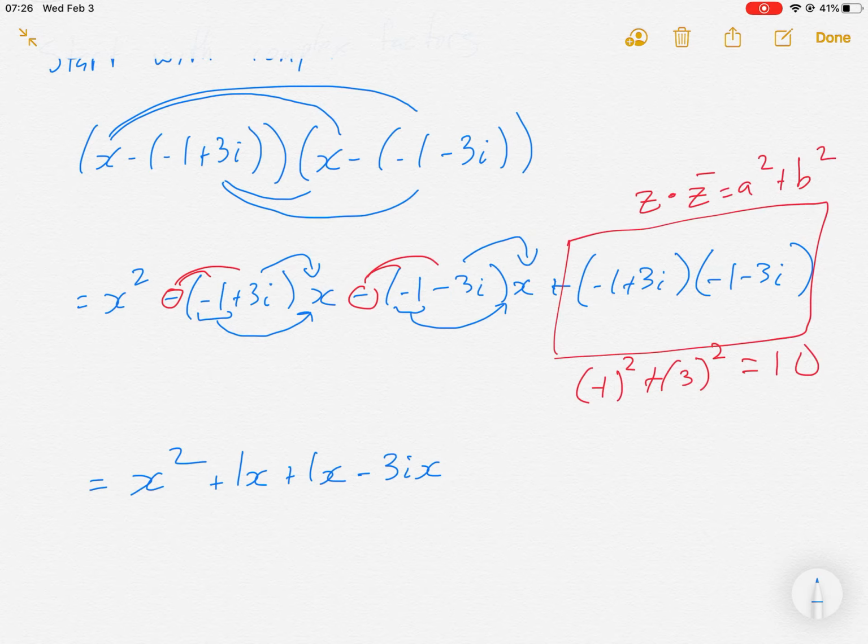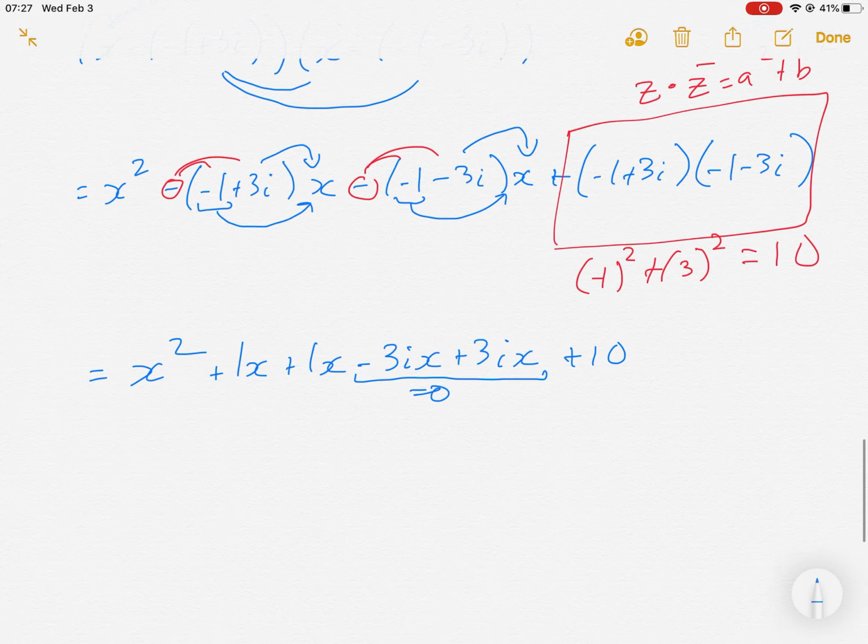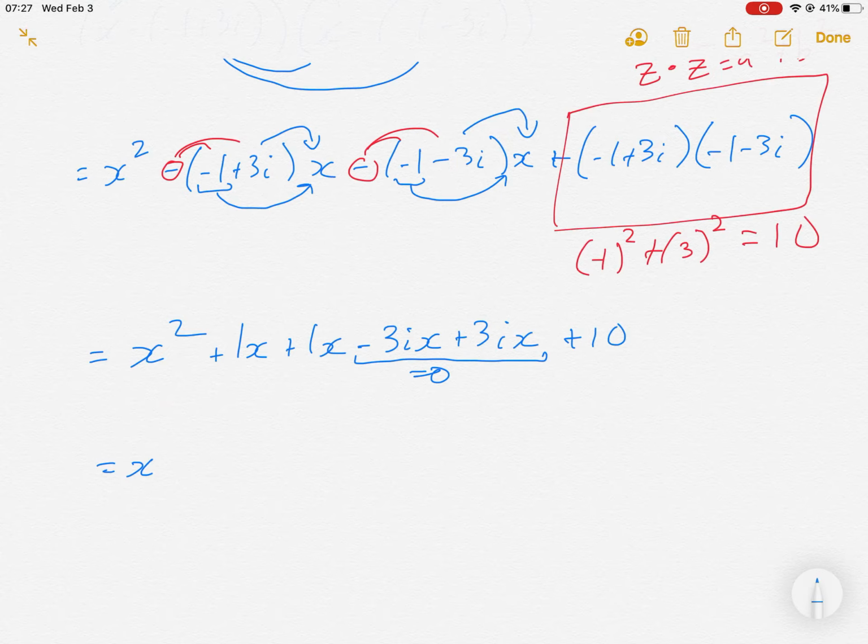I don't know what 3ix really means. But what's nice is this is actually going to end up being a plus 3ix. So notice these imaginary terms are always going to end up canceling out to 0. And then finally I have that plus 10 that I figured out over there. So combining like terms, we do end up with plus 2x plus 10 here.